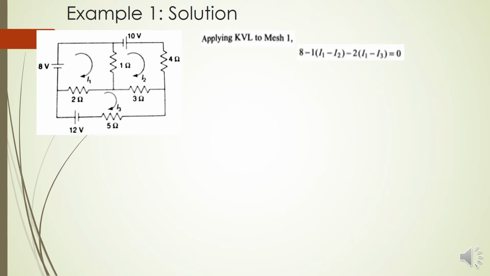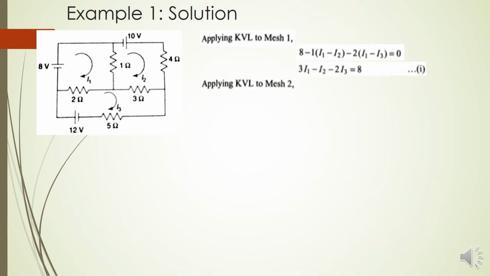Then after that, the 1 ohm resistor, which is common between mesh 1 and mesh 2, gives minus 1(I1 minus I2), then minus 2(I1 minus I3), the third mesh current, and that is equal to 0. This is the basic KVL equation for mesh 1. Arranging this equation, we call it equation number 1.